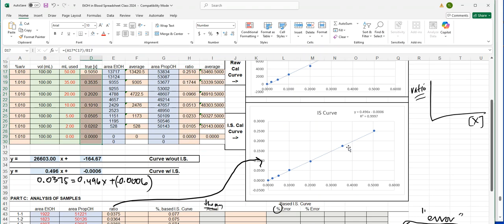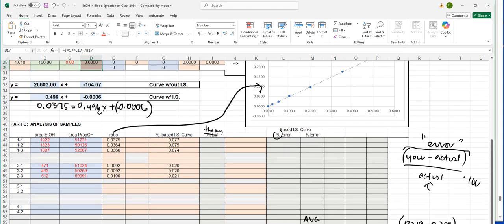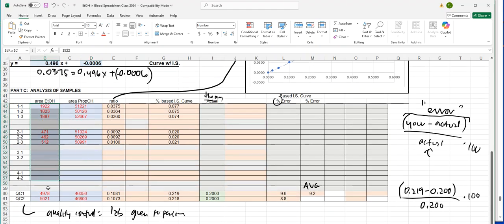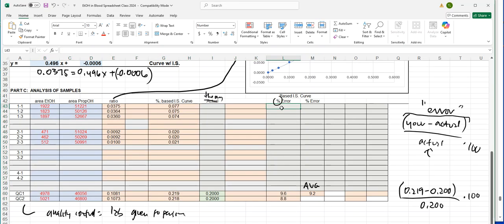We generate a calibration curve, and we determine that this one, sure enough, was a little bit better. Then we use that regression line in order to calculate for all of my samples that fall down below, including the quality control. If the quality control gives me 10% error or less, then it probably means that my samples are 10% error or less.